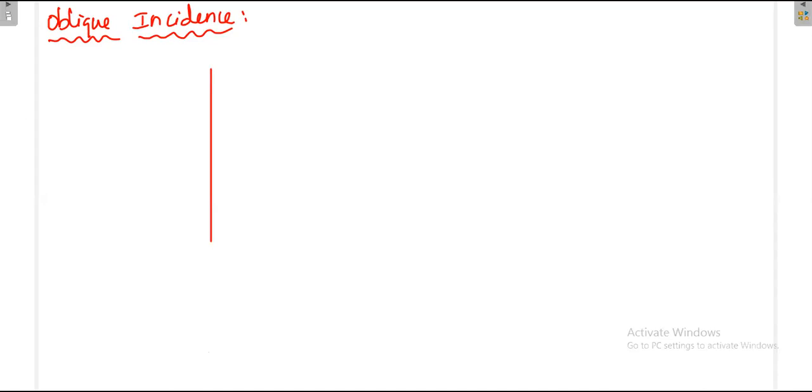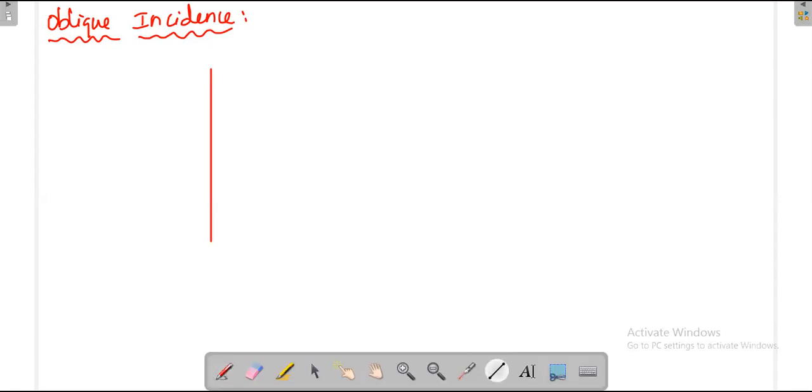Say your signal goes like this, making some angle, but that angle is not 90 degrees. This is your direction of propagation, this is your direction of electric field, and this is your direction of magnetic field.